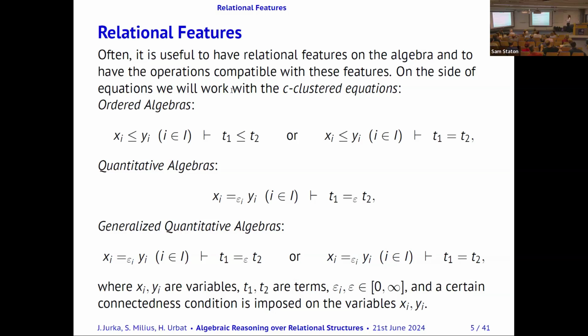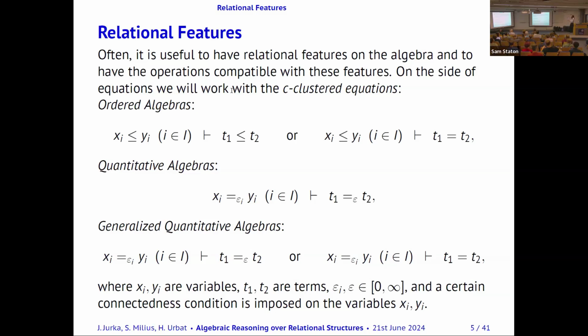So now the equations are some kind of a deduction. For quantitative algebras, they can have this form. And for generalized quantitative algebras, they can have one of these two forms. The reason that it needs one of these two forms is that in the generalized case, one cannot identify equality with distance 0.